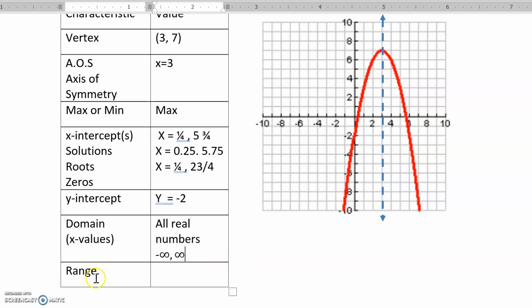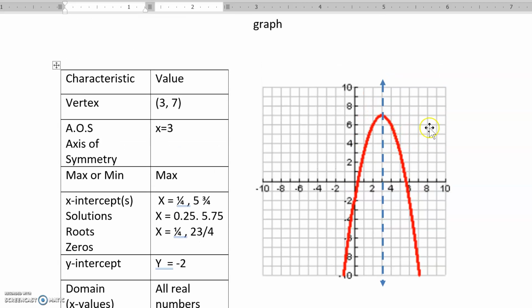Our range is the y values. So where does this graph exist vertically? Well, it doesn't exist past a y value of 7.